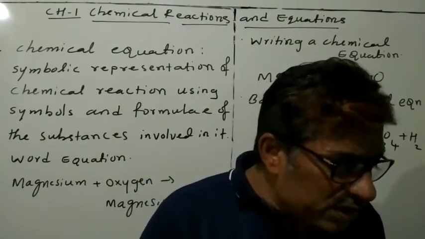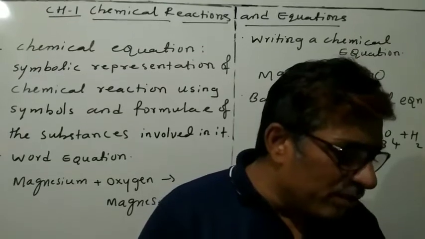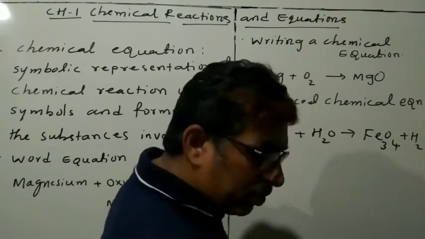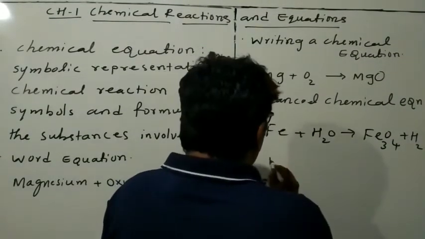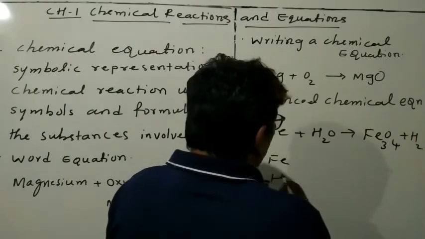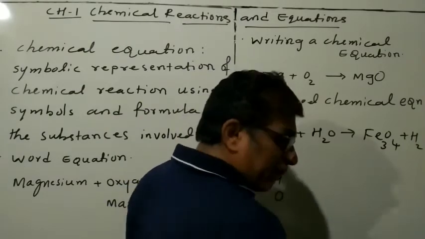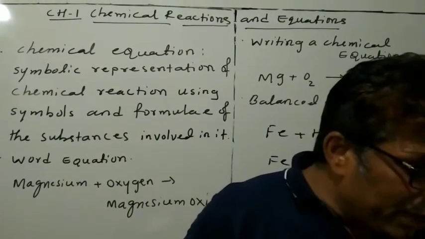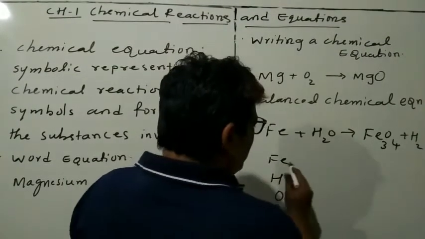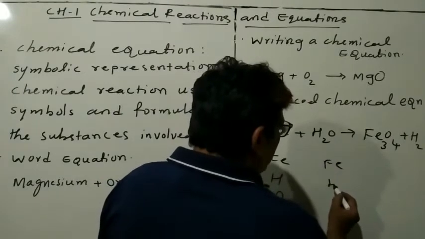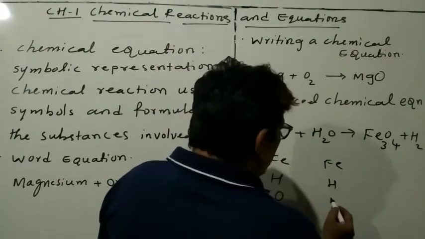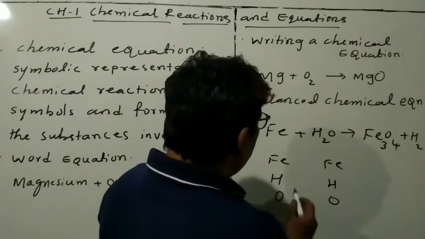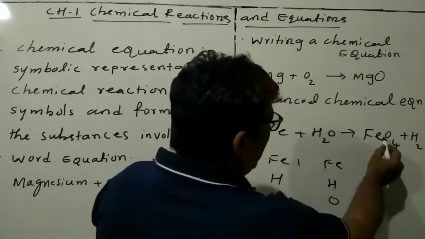First of all, you have to see what elements will be there. You see here iron, Fe will be there, hydrogen will be there, and oxygen will be there. At the same time, the same elements are on the reactant side also. Now you see, here Fe is 1 and here 3.